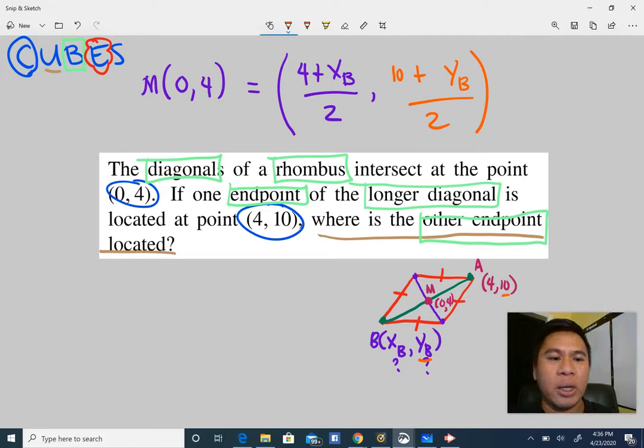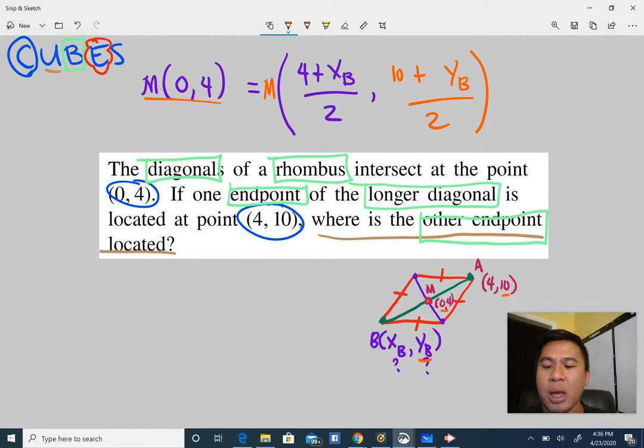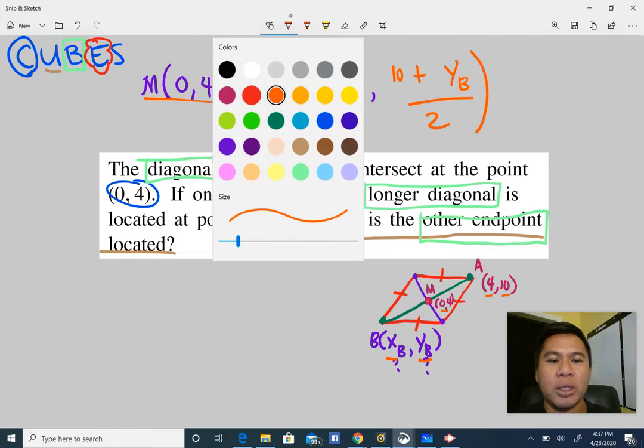So once again, our midpoint in here, which is at 0,4, should be equal to the midpoint, which is the average of A and B x and y coordinates each. So which means 4 plus xb all over 2, and for the y coordinate, that will be 10 plus yb all over 2. Let us now proceed with our solving of our equation in this case.